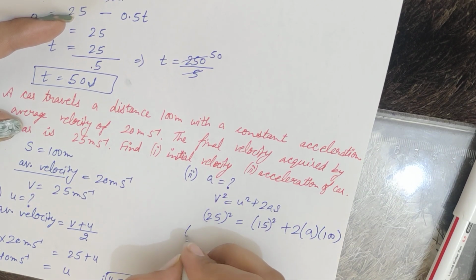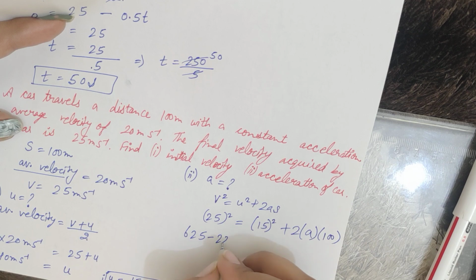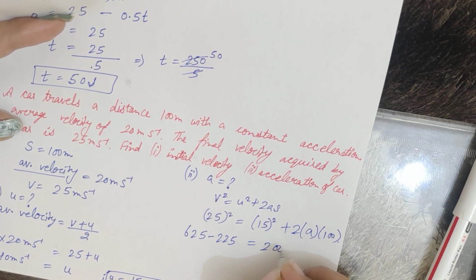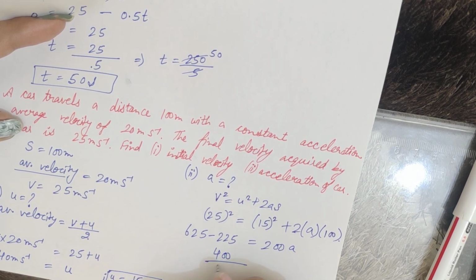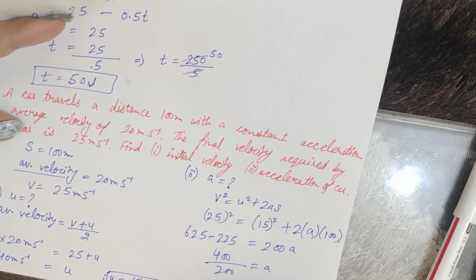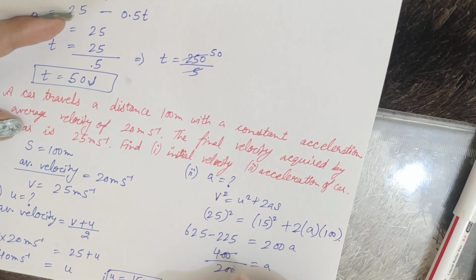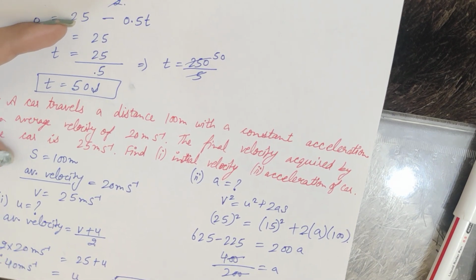So 25 square is 625. This will come in negative form, minus 225, is equal to 200a. It is 400 after doing subtraction. Divide by 200 equals a. So a is equal to 2 meter per second square. This is the value of the acceleration for the given question.